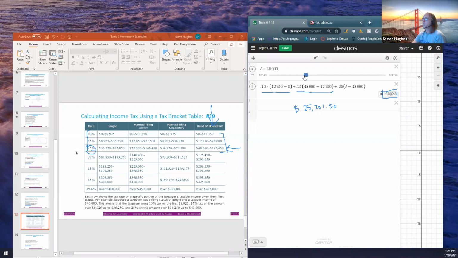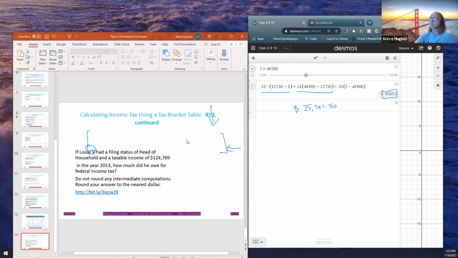There's 48,000. So 48,000 minus 48.6 would be negative $600 times 25%, plus this amount back here. As the income goes down in this head of household category, my value is going to keep changing. If I were to have a different income category, I would have to change it up just slightly.